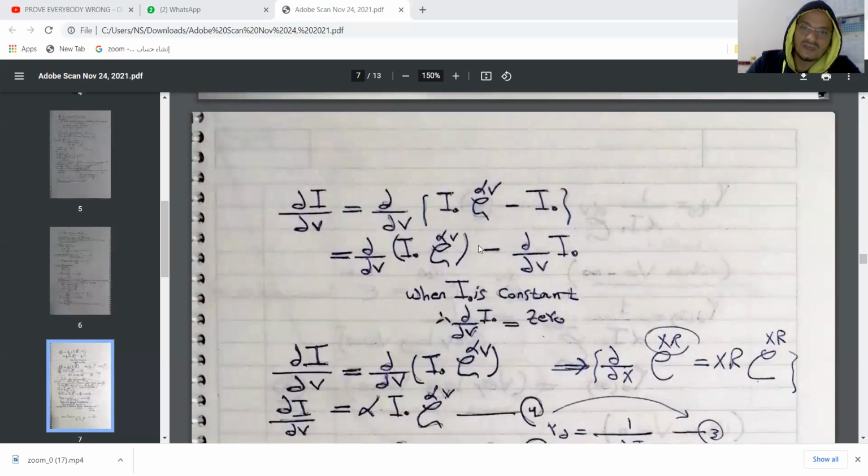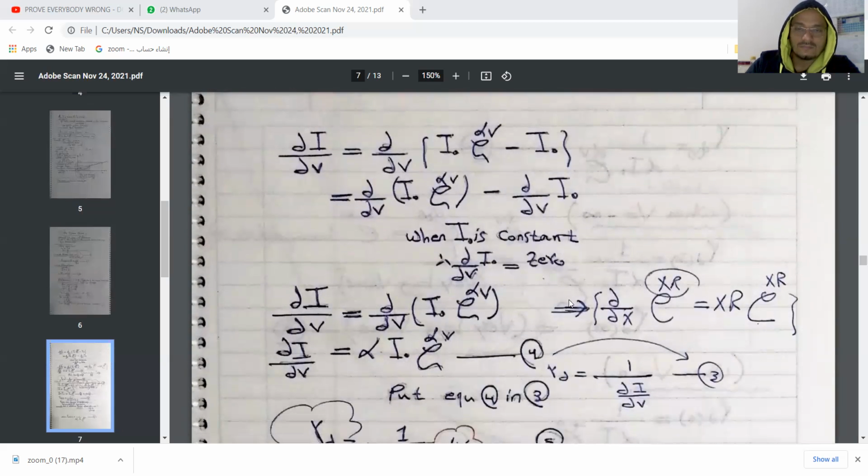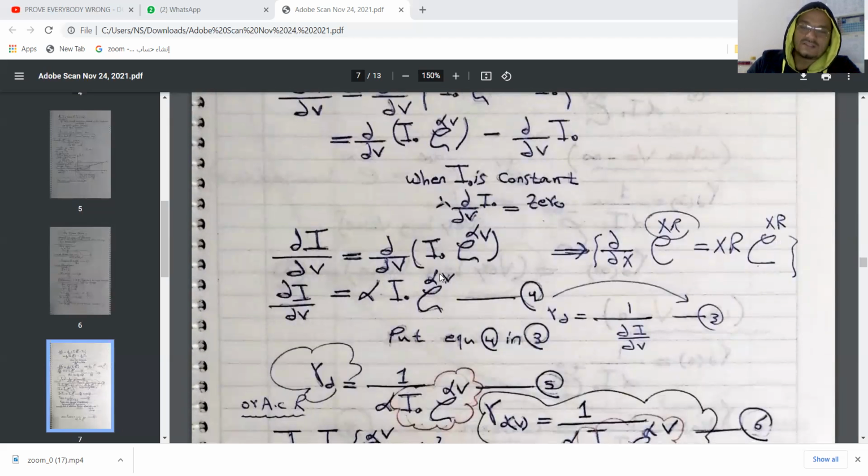Since I naught is constant, this right side will be 0, because the derivative of any constant equals 0. dI over dV equals d over dV of I naught exponential alpha V. That means it will equal alpha I naught exponential alpha V.